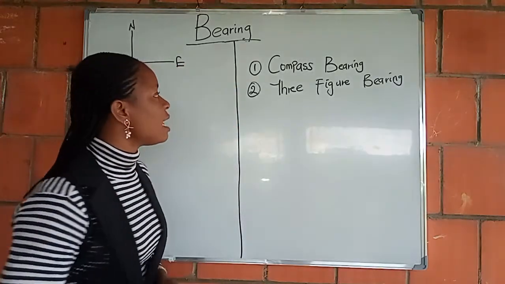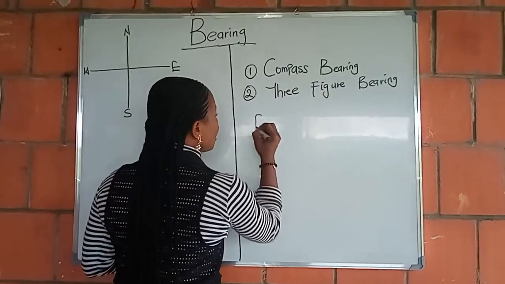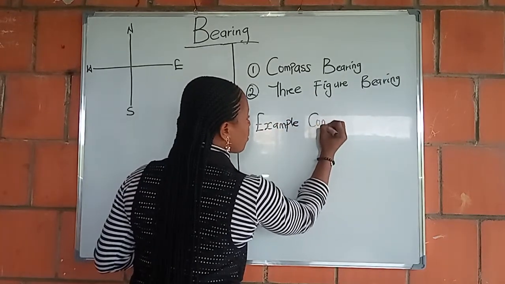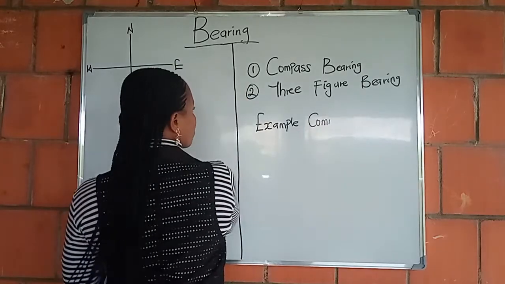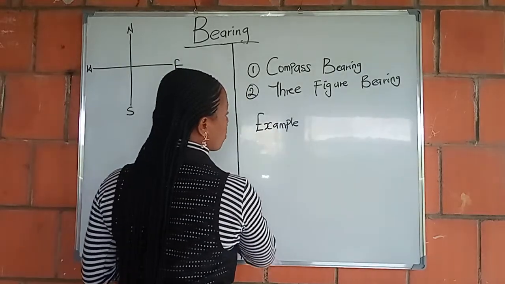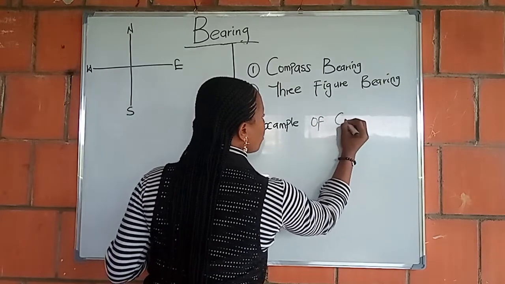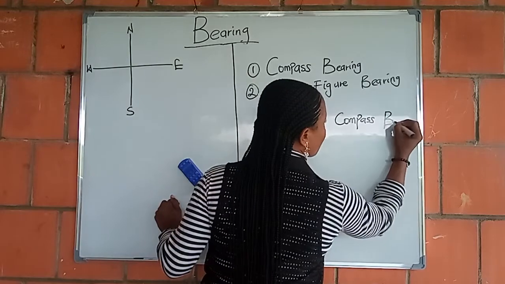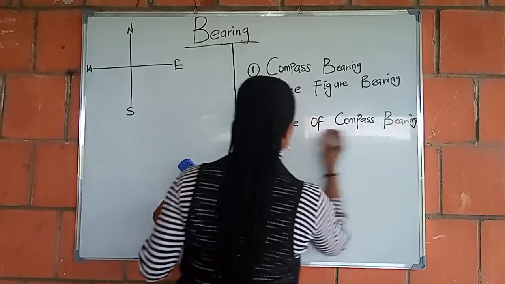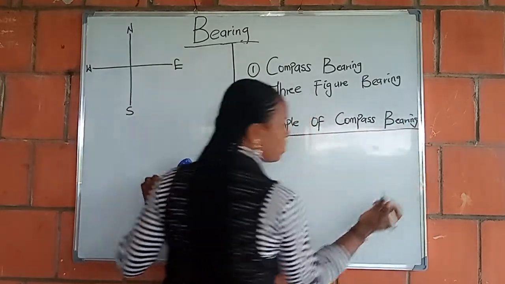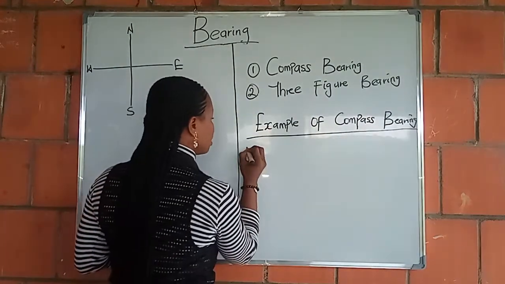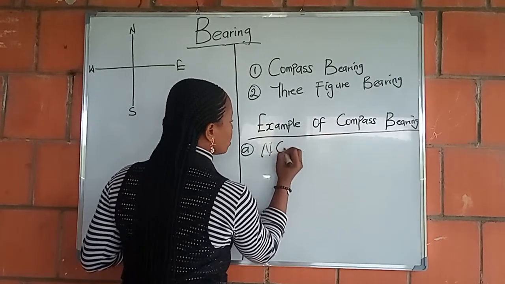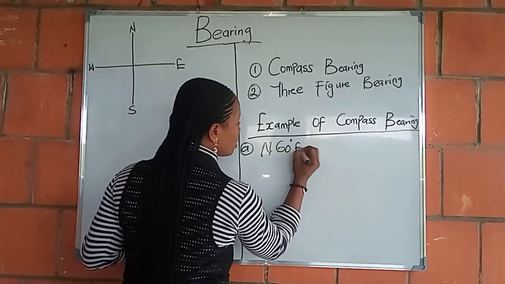Now let's pick some examples to explain this more. Example of compass bearing. How does compass bearing look like? I'm going to pick probably two examples. Label A, we have north 60° east.